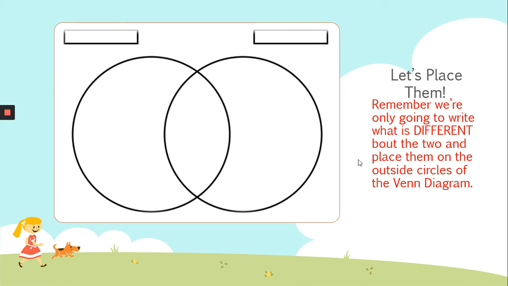Let's label our Venn diagram again so we'll know where to place them. Tiger, cat. What did we say about a tiger? Yes, a tiger is big and a cat is small. Awesome. What else did we say about a tiger? It lives in a jungle, but a cat can live in a house.